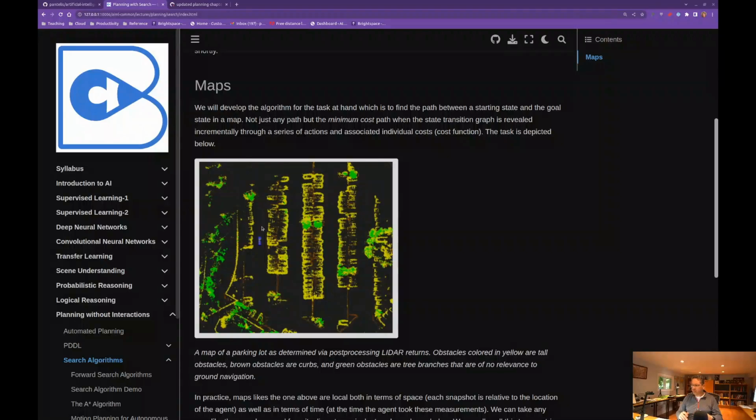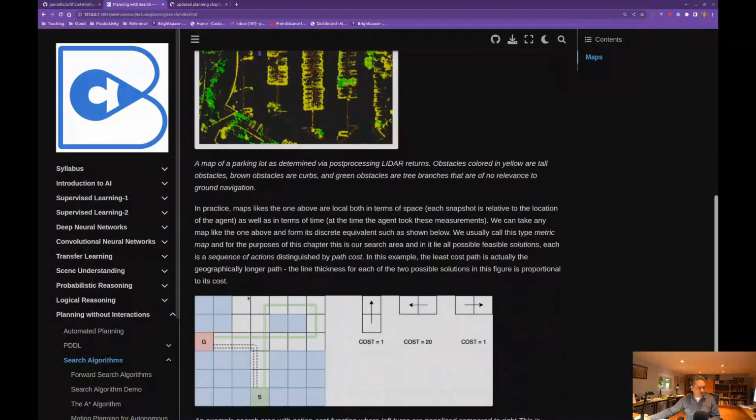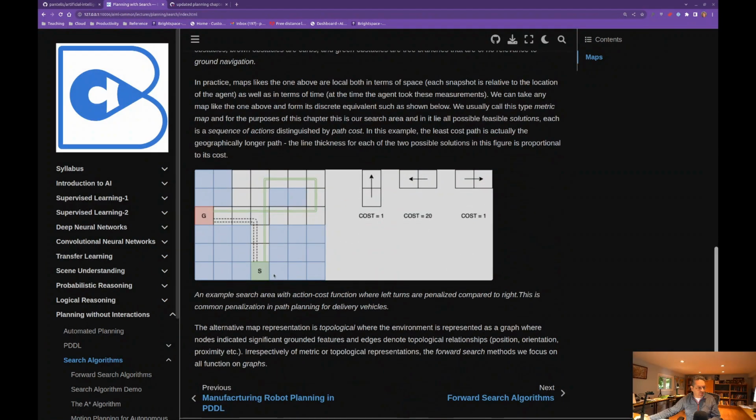If you imagine separating this space into a grid, you can come up with something that will look like this. And in that specific map, you have a starting state and a goal state. Your task is really to go from the starting to the goal state, satisfying some kind of utility.